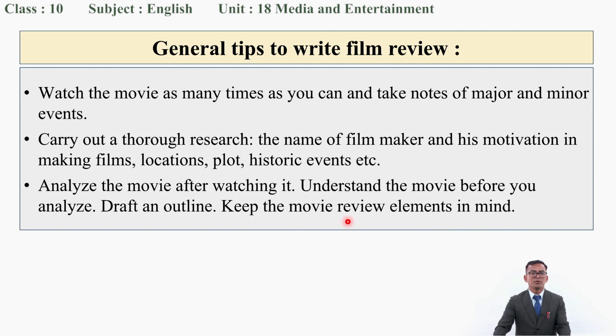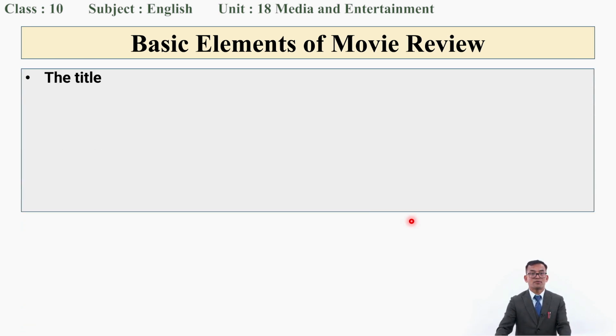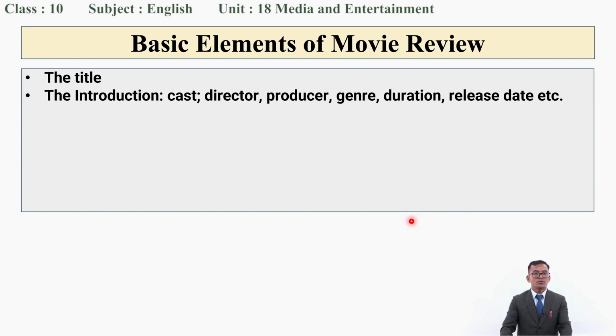Again, movie review elements. Let me share some of the basic elements of a movie review. First of all, the title. You give the title. Then your film review should have the introductory part. So what do you do in the introductory part?